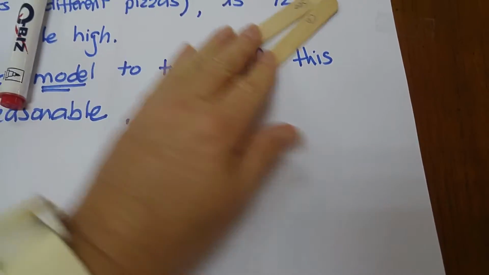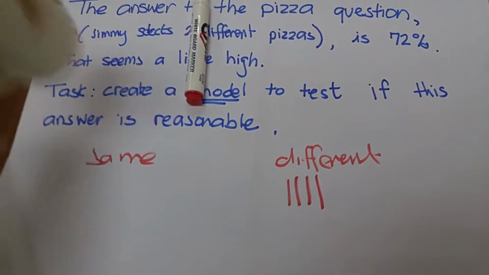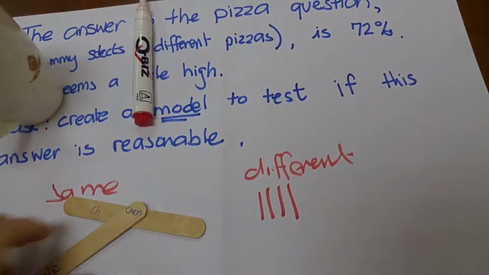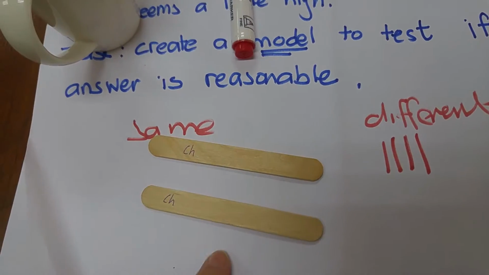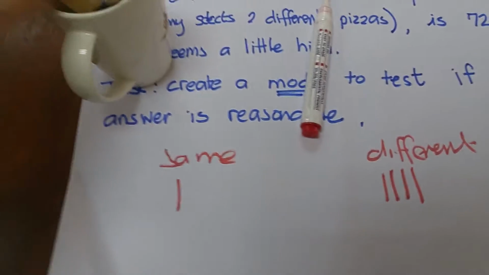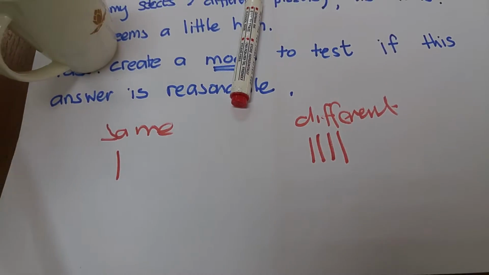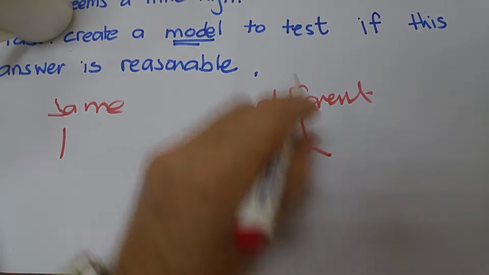Pull 2 out at random. Cheese and seafood, again different. Pick out 2. Cheese and cheese, same. Seafood and cheese, different.